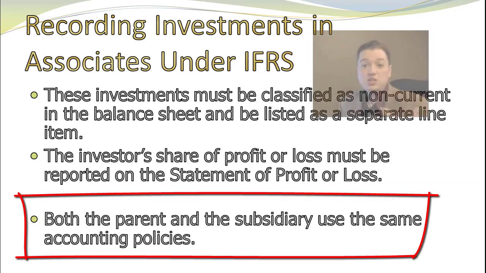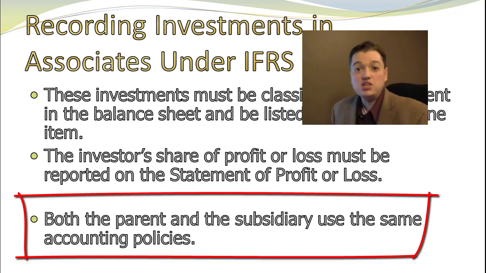Now, this is one of the reasons why there's a big push to switch us from US GAAP to IFRS, or to hurry up the convergence process, because this is an additional burden. It's a burden on the subsidiaries to have 2 sets of books. It's a burden on the auditors who have to be able to check both sets of books.